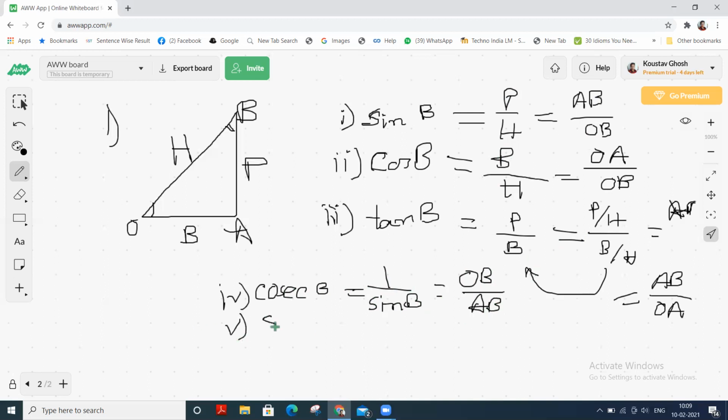Next, sec B. This is the reciprocal of cos B, so sec B is 1 divided by cos B. Cos B is OA by OB, so sec B is the reciprocal of that, OB by OA.